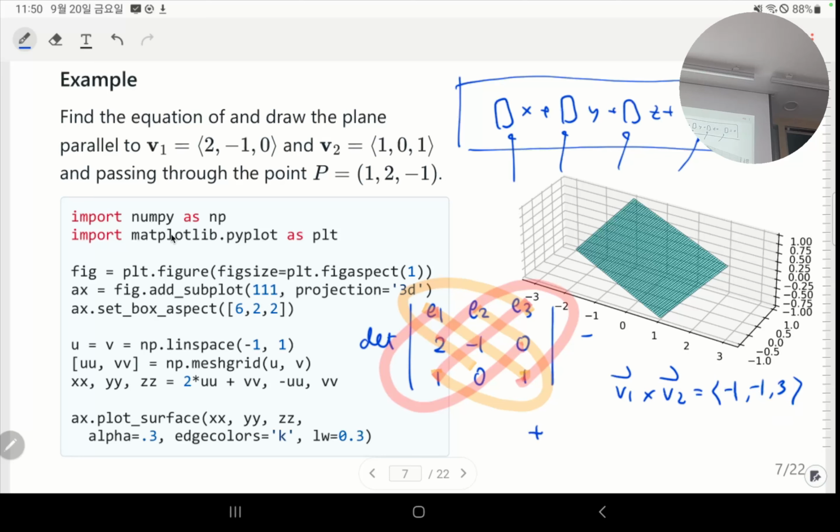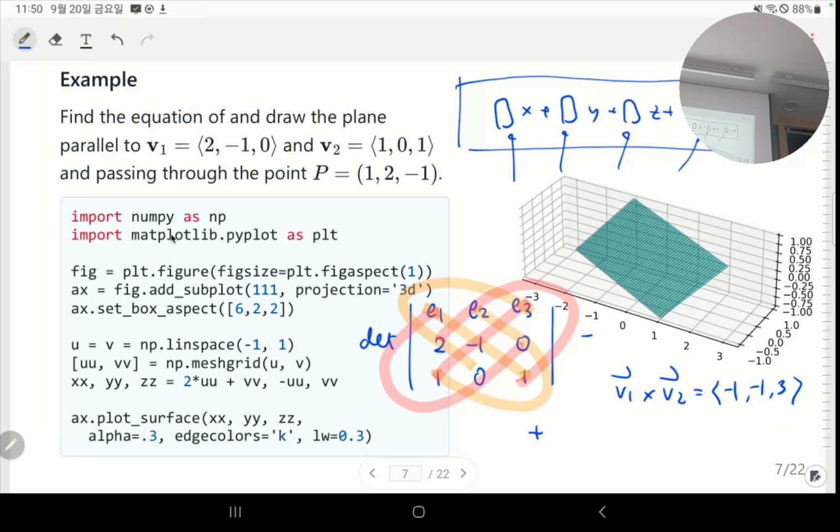Okay. So if I have the cross product, that's my vector perpendicular to the plane. So how do I get the equation? You take the position vector from the fixed point.